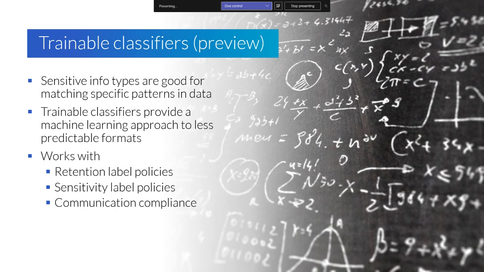So trainable classifiers give us an alternative approach for these kinds of less predictable formats, and it uses machine learning. I'll show you how that works in just a second at high level. We can use these trainable classifiers to feed into retention label policies, to sensitivity label policies, and into things like communication compliance, which we haven't covered today.